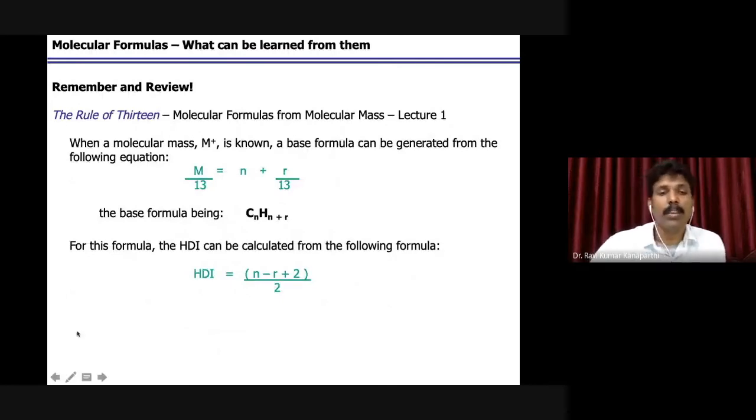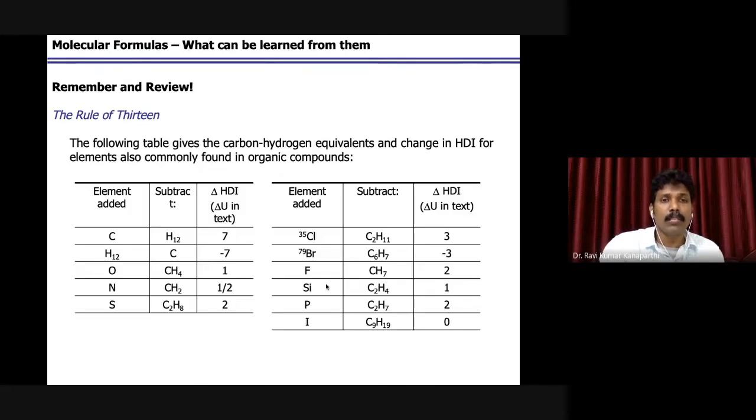So HDI is another parameter that gives us an impression about the molecular ion. If HDI is a whole number, you can immediately say it is a molecular ion, because our molecular ion will have an odd number of electrons. If HDI is an even number, it is unlikely to be your molecular ion.